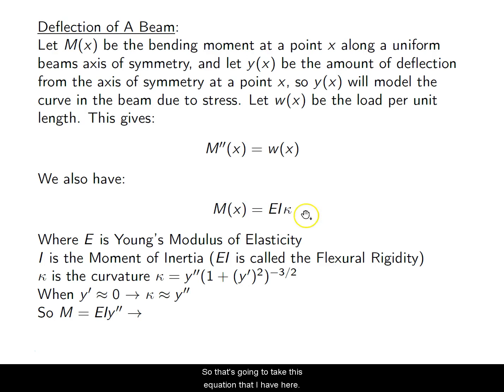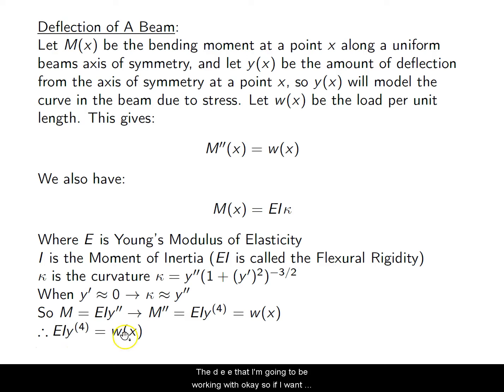So that's going to take this equation that I have here, m equals EI times y double prime, because kappa is now pretty much y double prime, and I can differentiate it. Okay, so again, this is the DE that I'm working with. So I'm going to take my m function and differentiate it twice. So m double prime is EI times y to the fourth derivative, and that will be equal to the load per unit length. Okay, so then this is going to be the DE that I'm going to be working with.